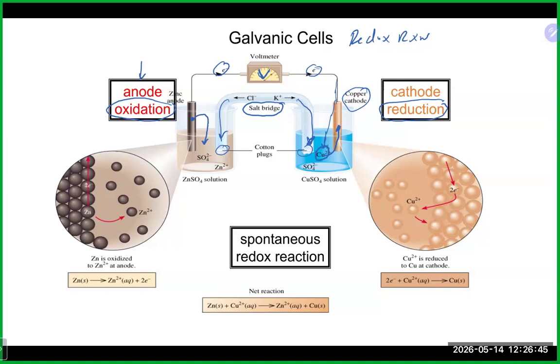Now, what is the purpose of the salt bridge here? The purpose of the salt bridge here is to keep everything basically flowing. So if we look at this galvanic cell, we basically have on this side our zinc. And by the way, the zinc is typically in a solution that contains zinc ions. And in this case, they use sulfate.